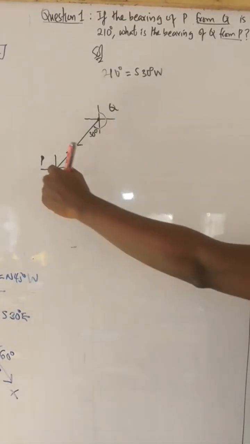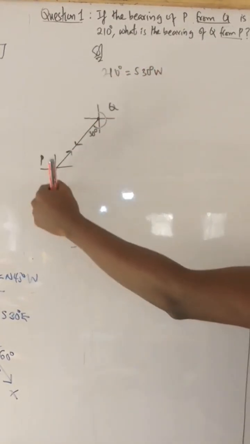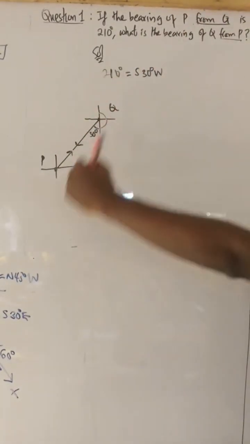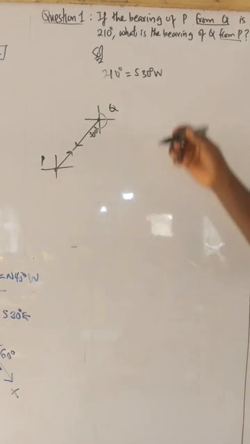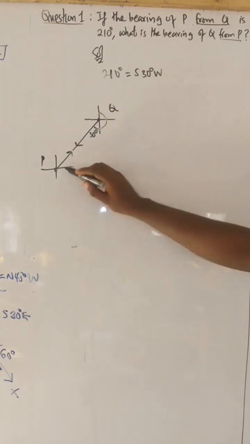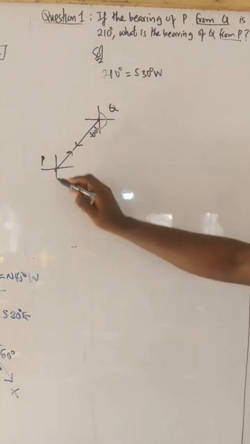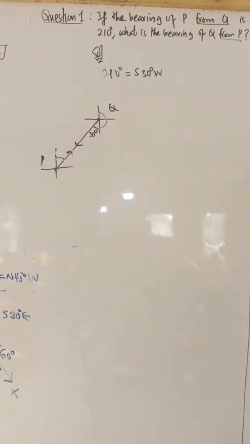This is P to Q, or Q from P. Q from P, meaning from P you are moving. This is the direction. And how do you know the direction? We start from the north of Q to the line joining them. So this is the line joining P and Q. In this case, we start from the north of P to the line joining them. This is what we need.